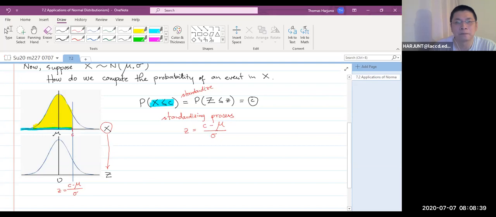So later on you will see that finding the yellow area here is the same as finding the yellow area there. That's how we compute the probability of an event in a non-standard normal distribution.